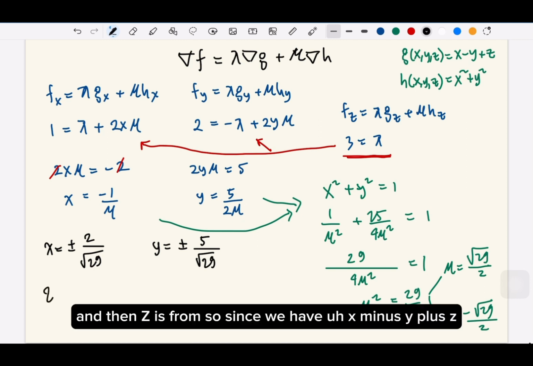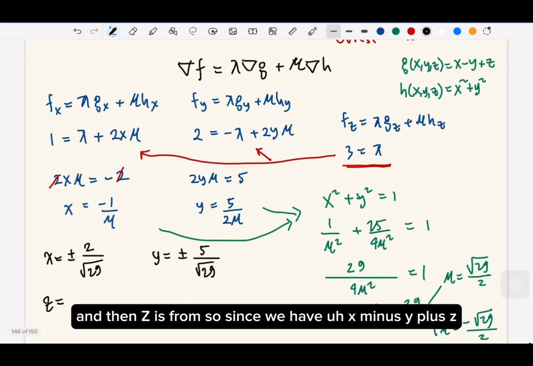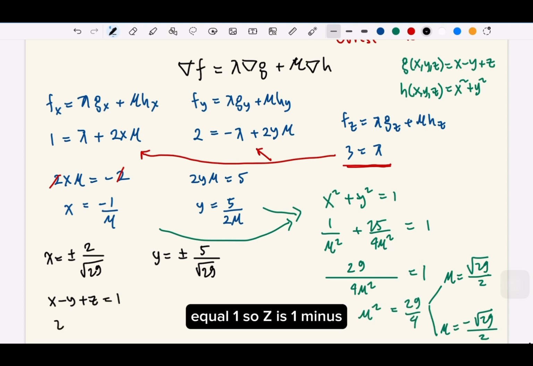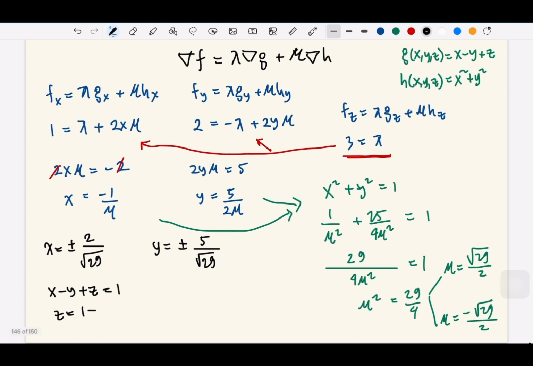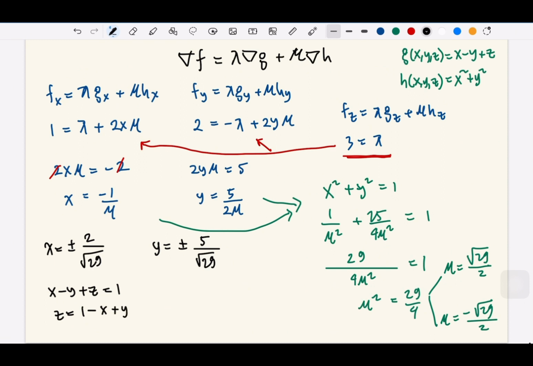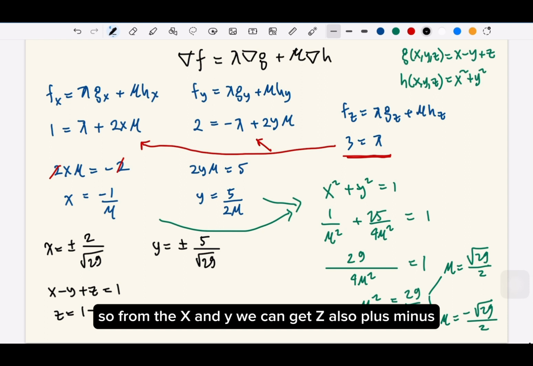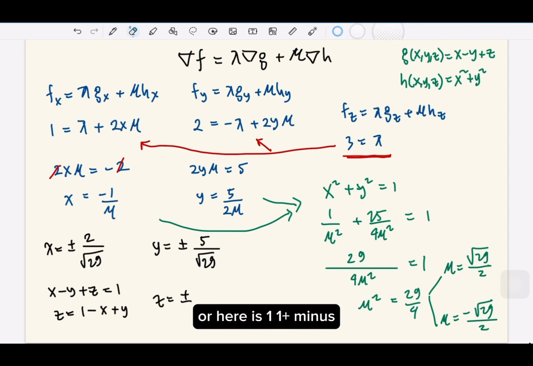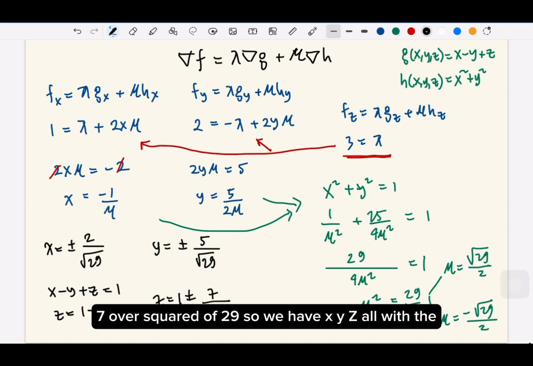And then z: since we have x minus y plus z equal 1, z is 1 minus x and then plus y. So from the x and y we can get z, also plus minus, 1 plus minus 7 over square root of 29.